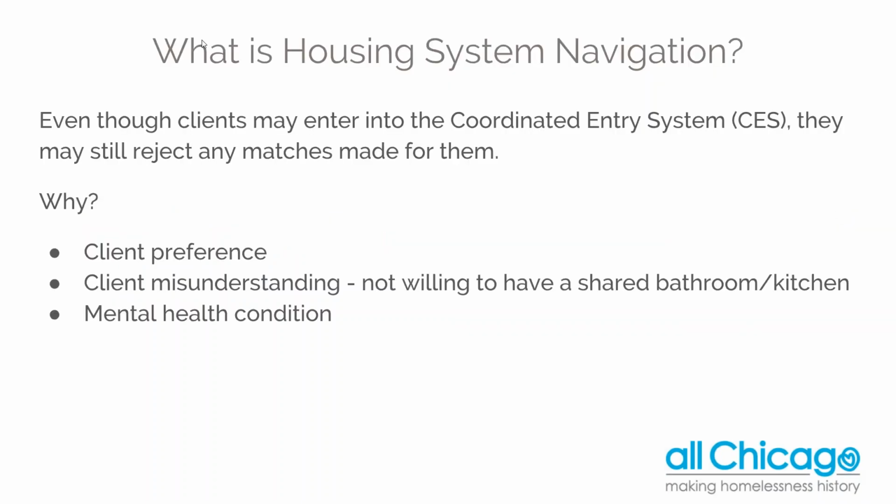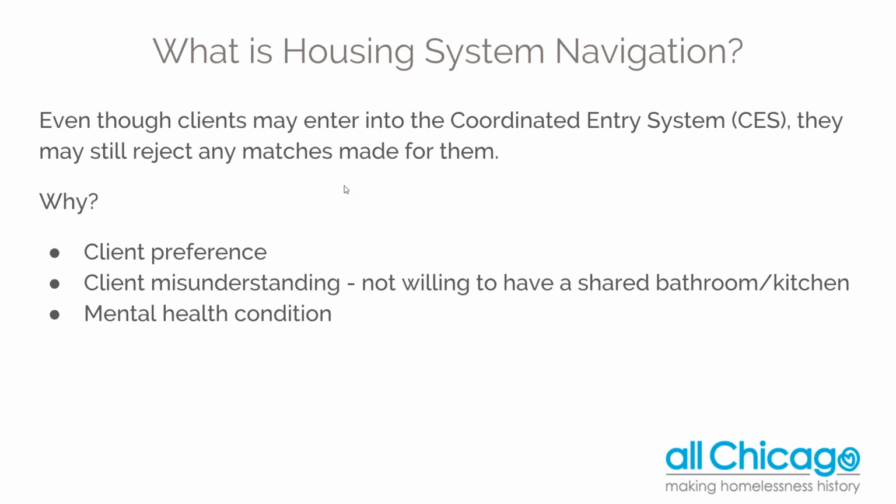So let's go ahead and hop into a little bit of context as to what housing system navigation is. Housing system navigation is designed to assist clients that have entered into coordinated entry and that have been matched to housing, but that have rejected those matches several times over. So you all have context as to what this means.